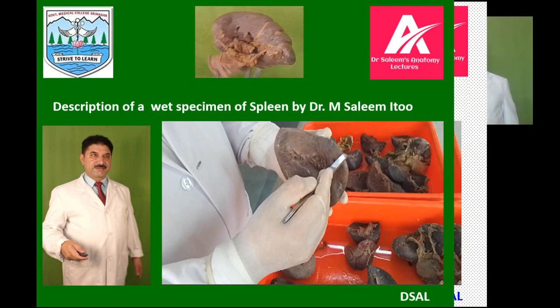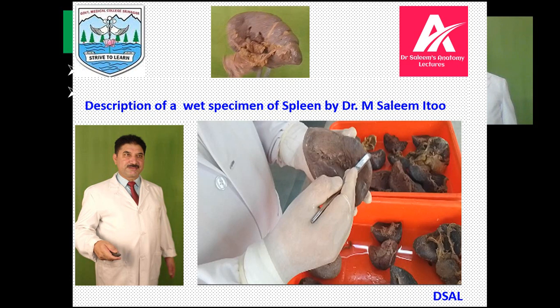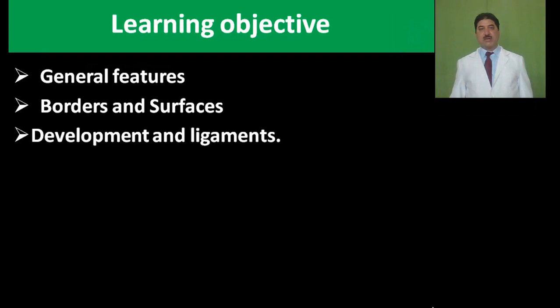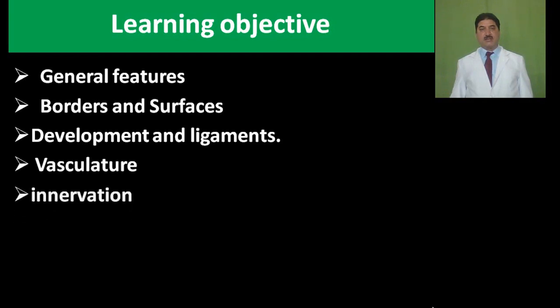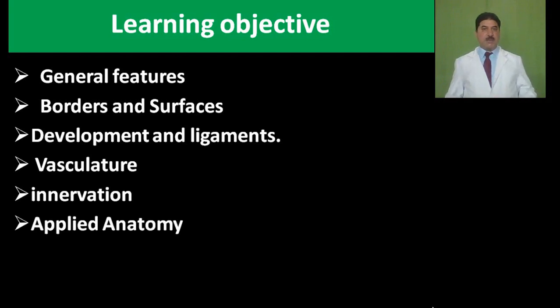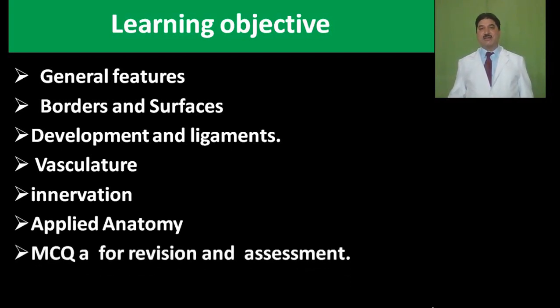Thank you. We are going to talk about general features of spleen, its borders and surfaces. We'll also talk about development and ligaments of spleen, vasculature of spleen, its innervation and applied anatomy. Some MCQs at the end of this session are for revision and assessment of lecture.